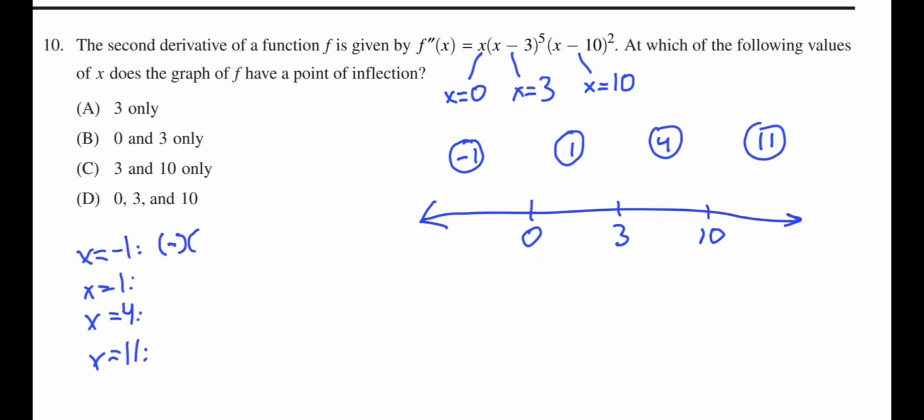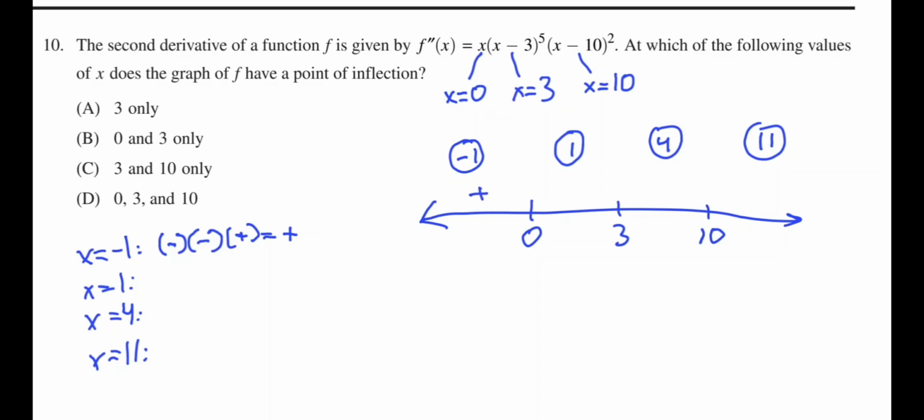The second factor, we have -1 minus 3, which is a negative number, -4. -4 to the fifth power, since the power is odd and we have a negative value within the parentheses, is going to be some negative number. And then the last factor, (x minus 10) squared, is always going to be a positive number. Now, negative times negative times positive would be an overall positive sign. So at -1, we have a positive sign for the second derivative.